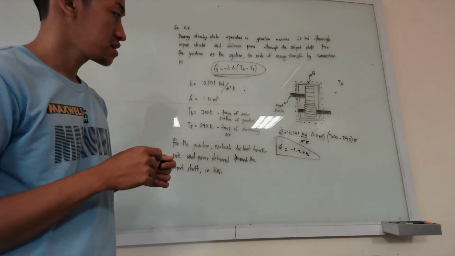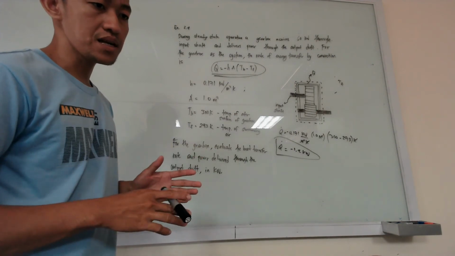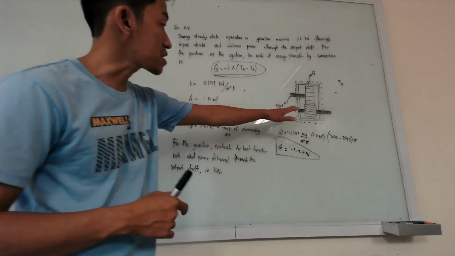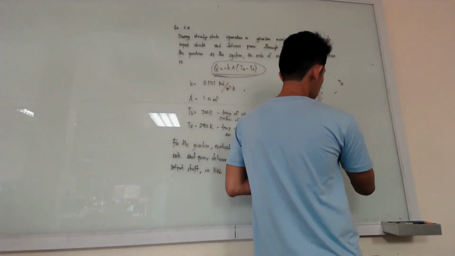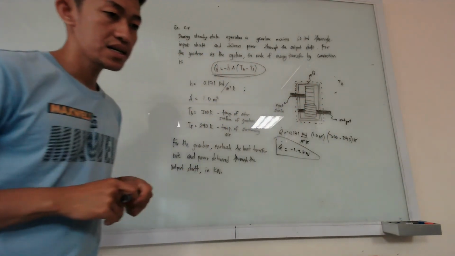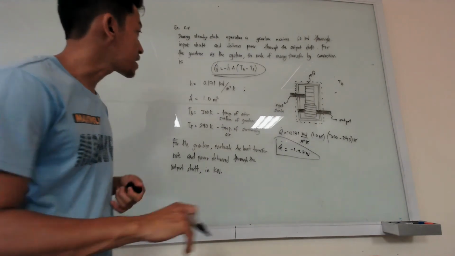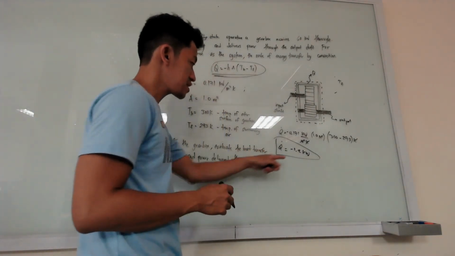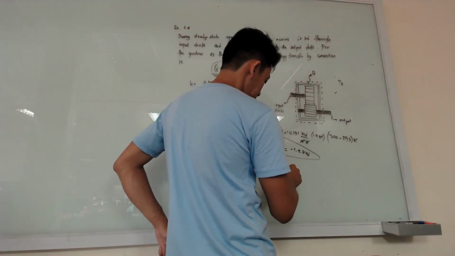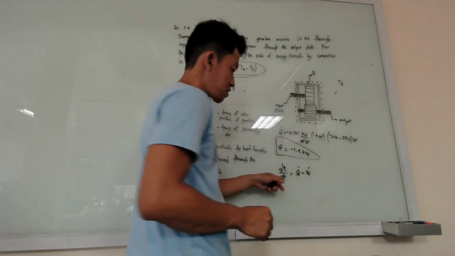Okay, so that is it. And then how do we determine the power going out at the output shaft? Output shaft. Okay, so to get that power, we need to apply the energy balance. Okay, since the unit is kilowatt, this is per unit time. So we use this per unit time.